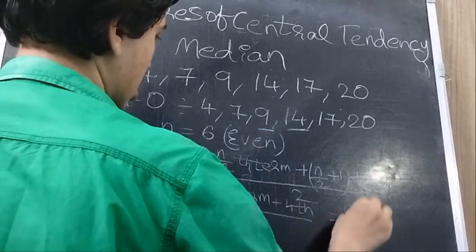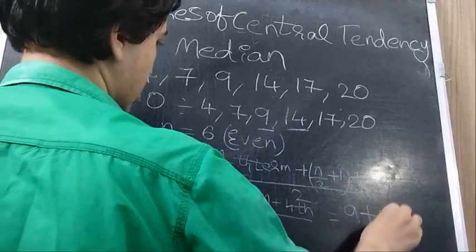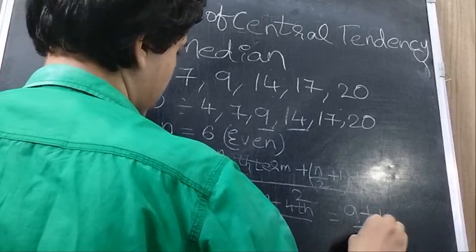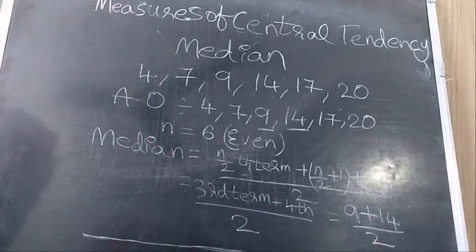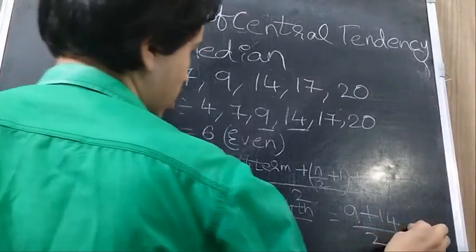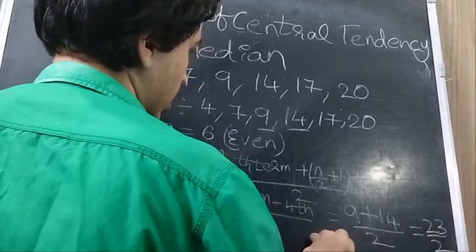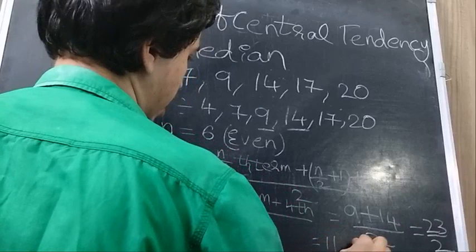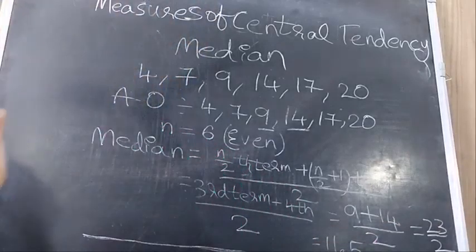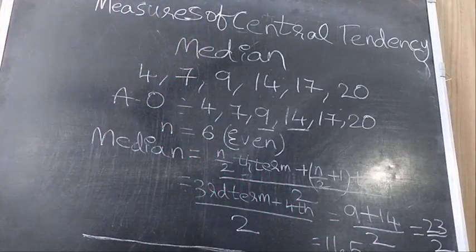That is 9 plus 14 by 2. How much is 9 plus 14? That is 23 by 2, so you will get 11.5. The median in the even series is 11.5.